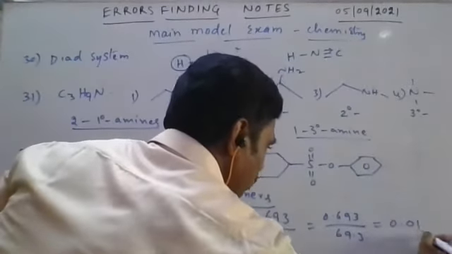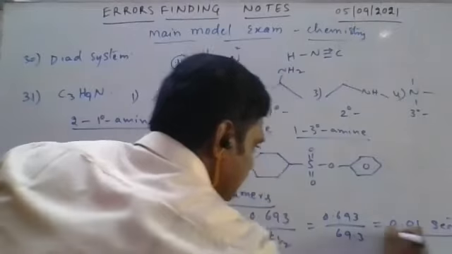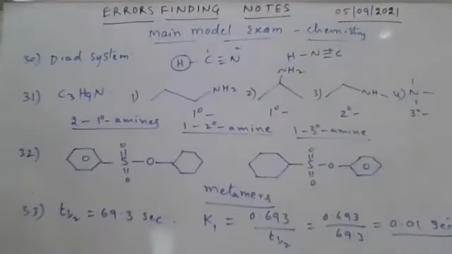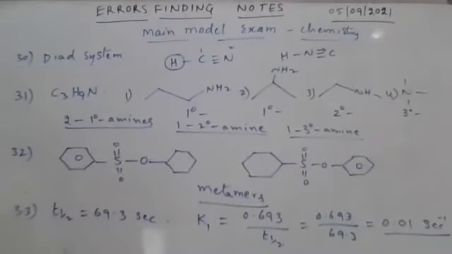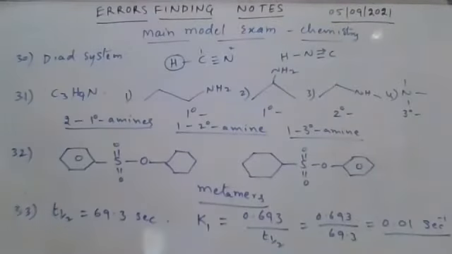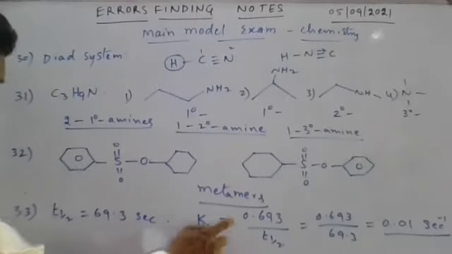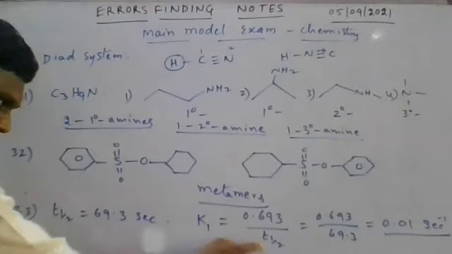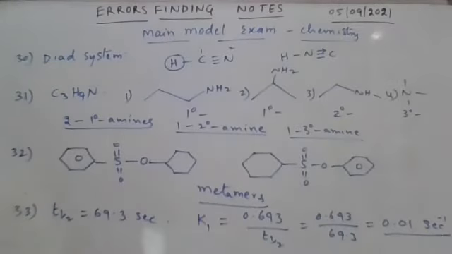You get 0.01 second inverse. 0.01 second inverse, Nana. This is the expression for the T half and K1 for a first order reaction.